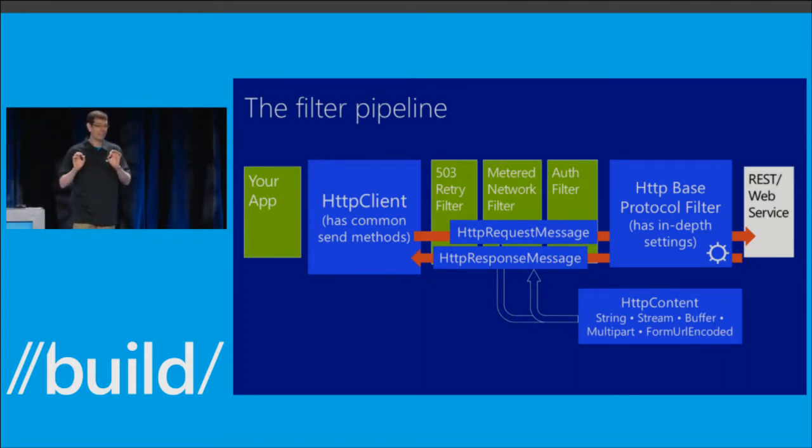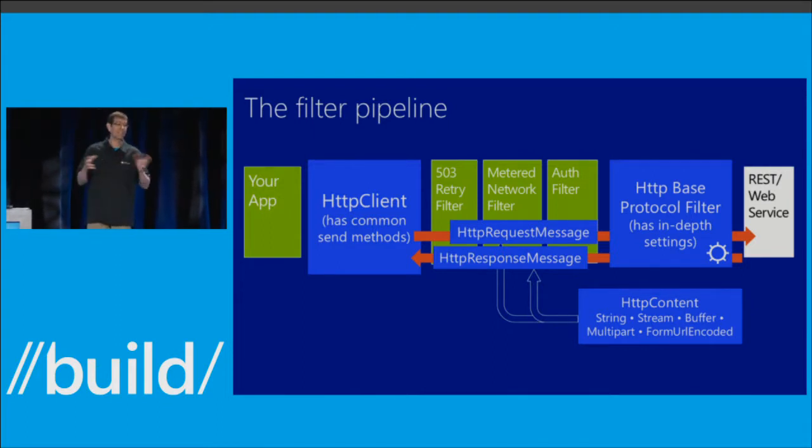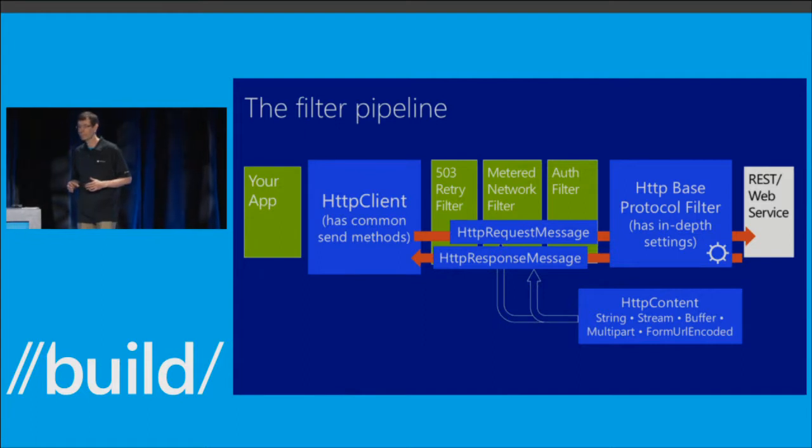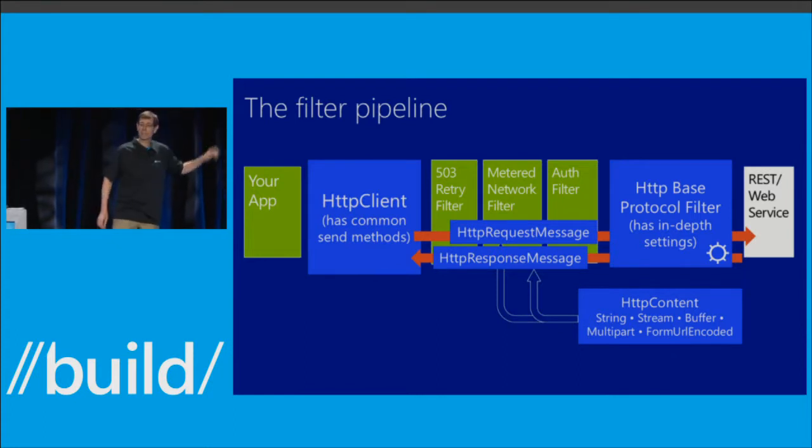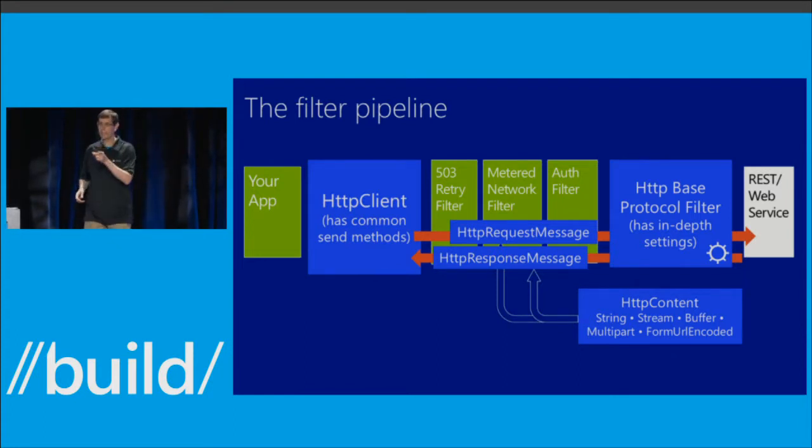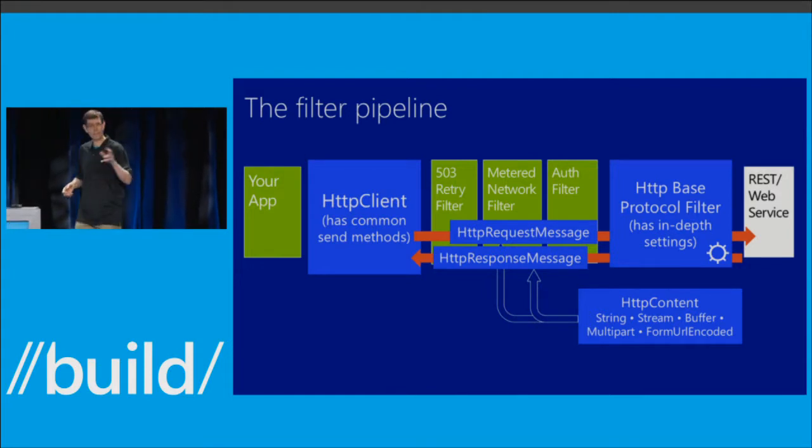It wants you to call again in 15 seconds, 30 seconds, a minute, 2 minutes. It'll tell you how long to wait. Well, traditionally, if you wanted to handle 503 retries, your app logic, your business logic, would have to make a request. Oh, but wait. It can't call getStringAsync because that doesn't tell us the status code. It would have to call getAsync, which means they've got to do more work, right? Wrong. You can do it in a filter.